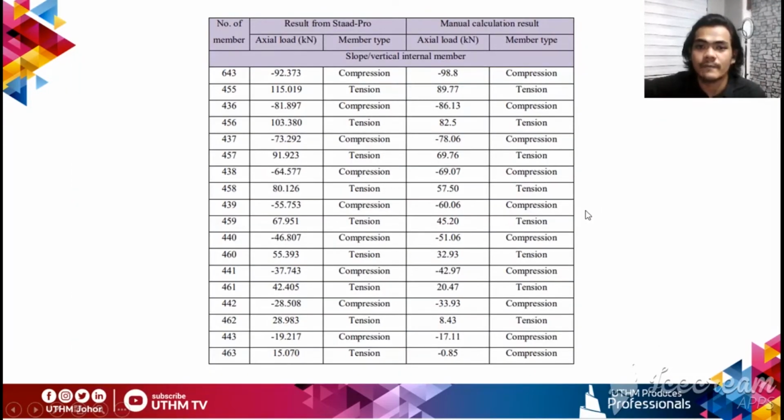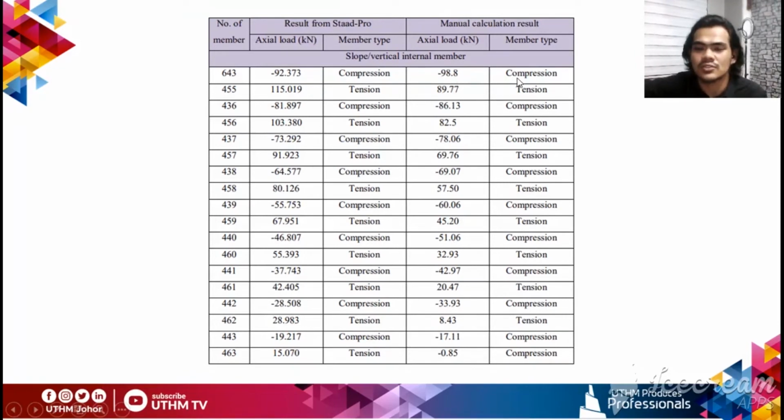This is the result from STEPRO and manual calculation. We can see that the difference is not so big, for example, for member 643, from STEPRO we get negative 92.3, and for manual calculation we get negative 98.8, and both are compression.